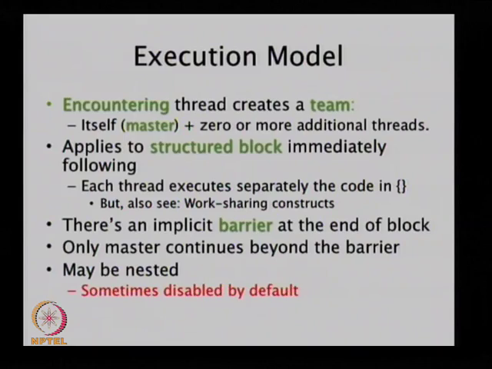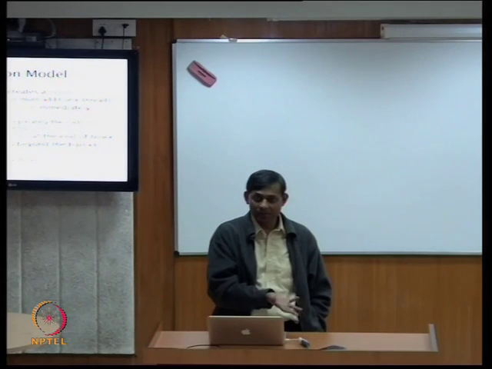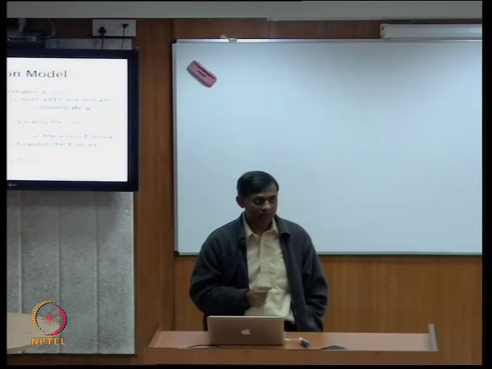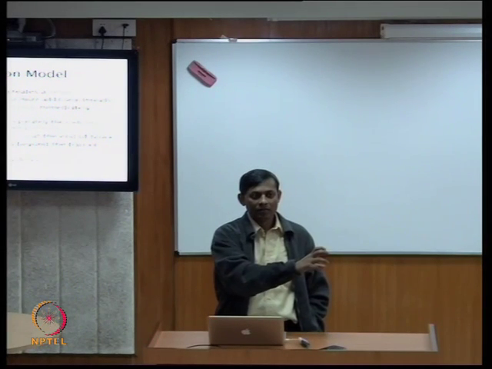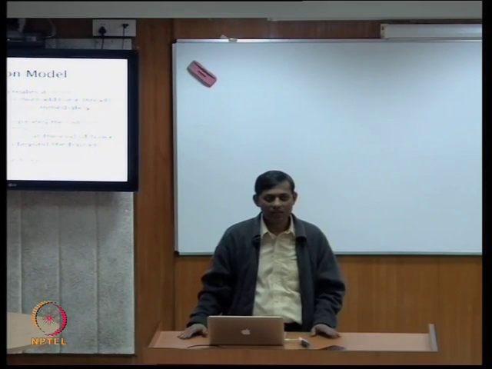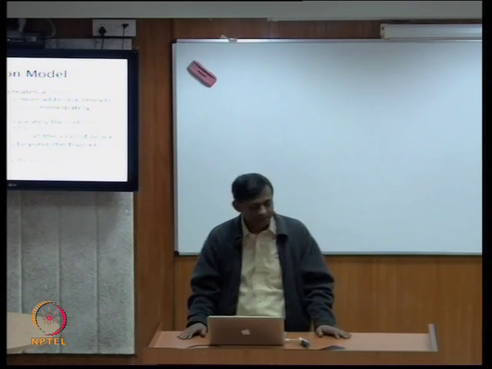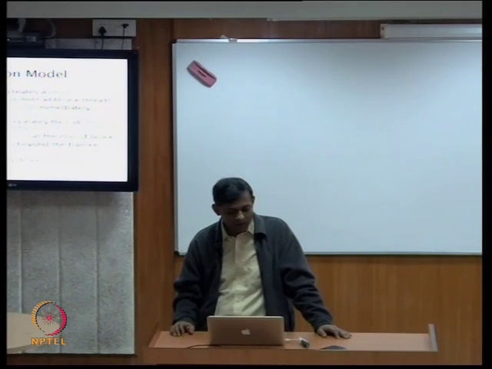And that number minus 1 threads will be created because one of them is the master thread who encountered this. They'll all run their version, they'll all get their own PCs, right? This is honest to goodness OS thread. And they will run this piece of code.